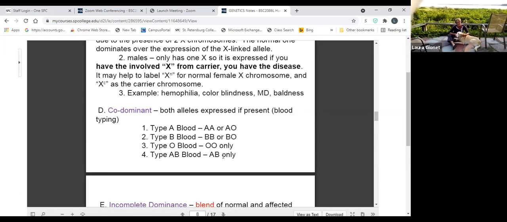To be AB, remember when we were testing this in that first lab, you're applying different antibodies. If I see thickening when I put B antibodies into an unknown blood, it means there must be B antigens on the cell surface, because B antibodies only bind to B antigens.